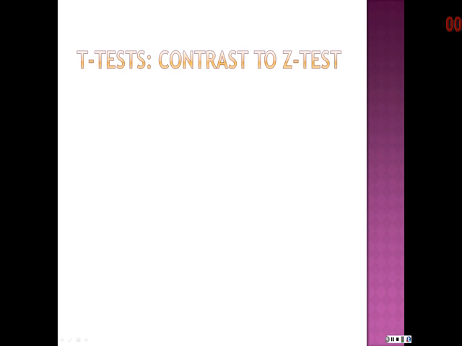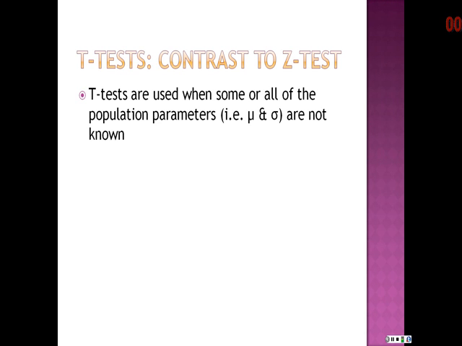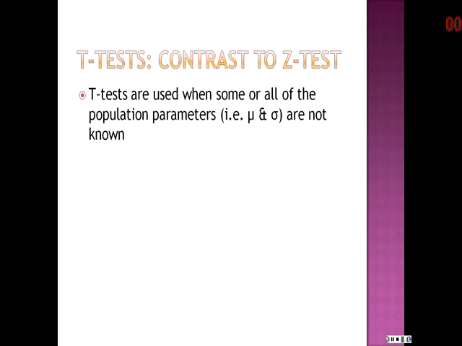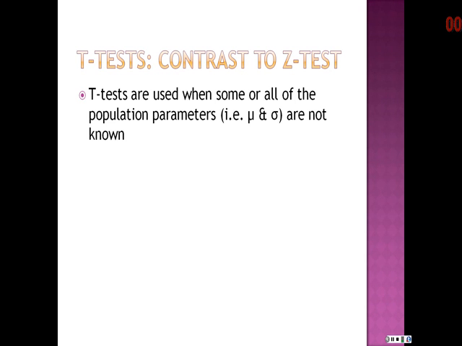So before we get jumping into t-test and single sample t-test specifically, let's contrast this to the z-score for a sample mean. Now, the reason we use t-tests instead of something like the z-score for a sample mean is, t-tests, and we'll be going over several t-tests in the next few lectures, in general are used when some or all of the population parameters are not known.